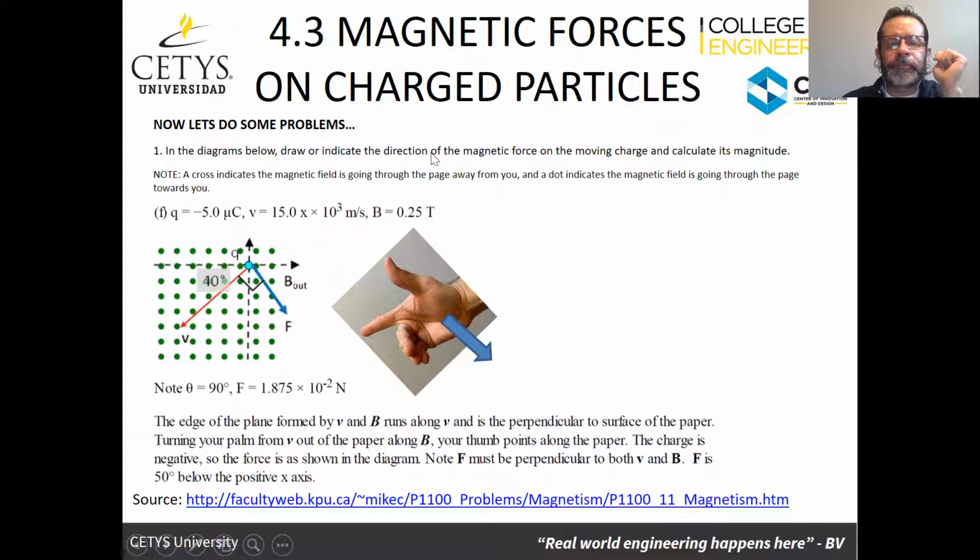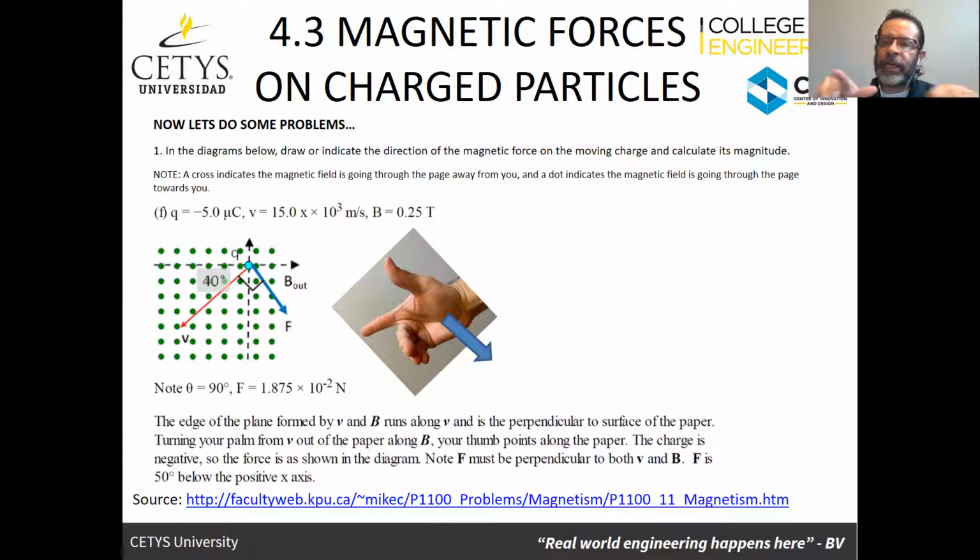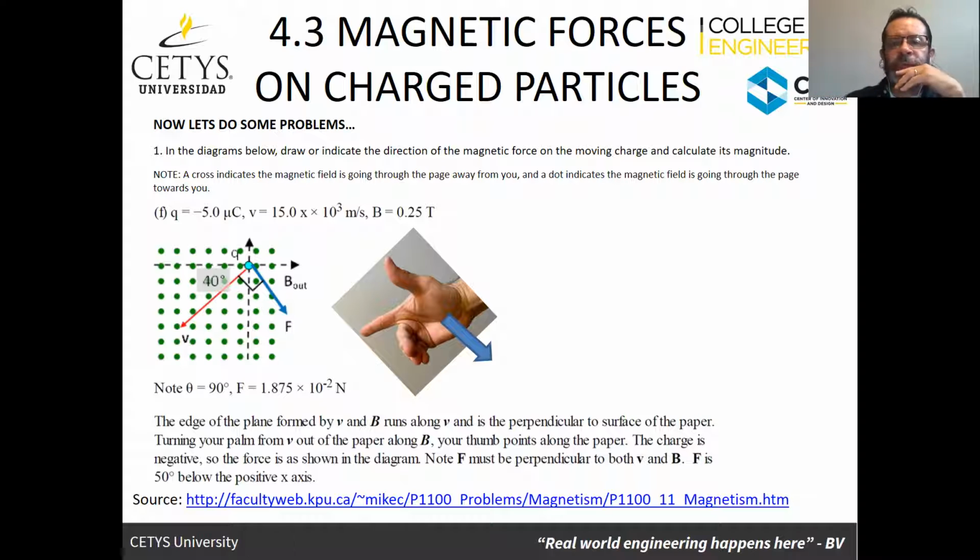So when you're reviewing these problems, remember, use the right-hand rule and try to place your right hand the way it's in the images. And that's going to give you the reasoning to be able to identify the different vectors and do the calculations to identify where the force is going.